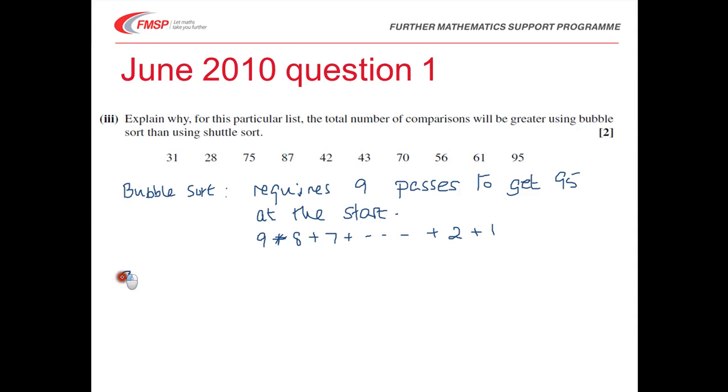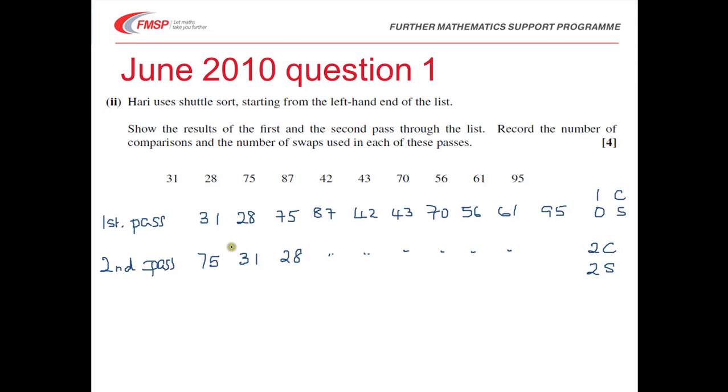But if we look at the shuttle sort, and we'll have a little look back at the last slide where we had some of the shuttle sort, then in that shuttle sort, for a third pass I would look at the third and the fourth numbers, so I'd compare the 87 and the 28, and I would swap them.